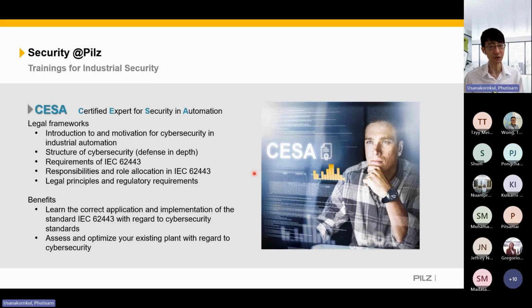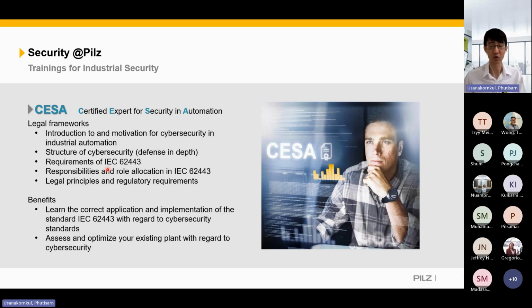So for the training, we have what we call CISA, Certified Expert for Security in Automation. Basically, you will learn about the requirements for cybersecurity. The main standard that we are going to tackle is IEC 62443.